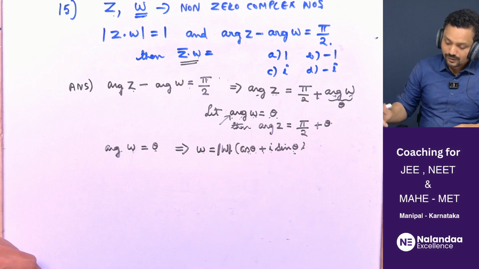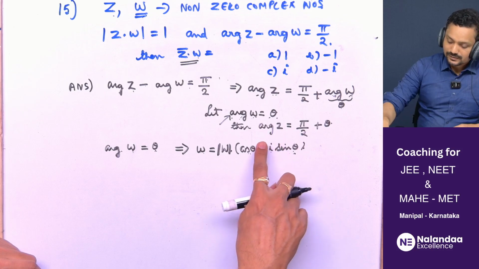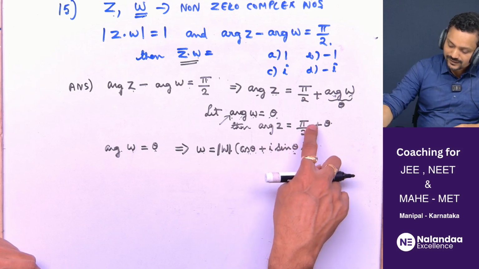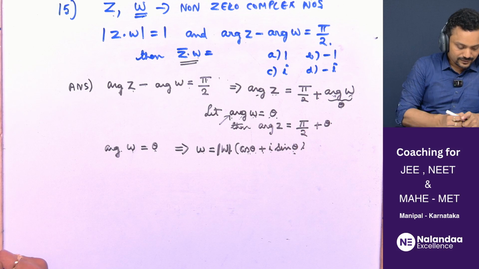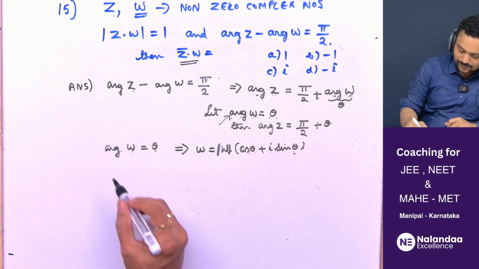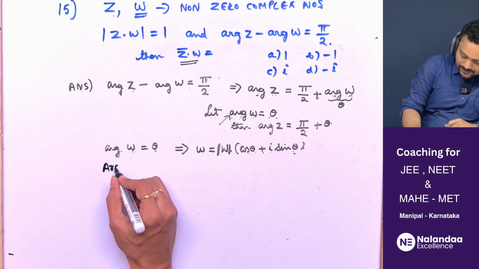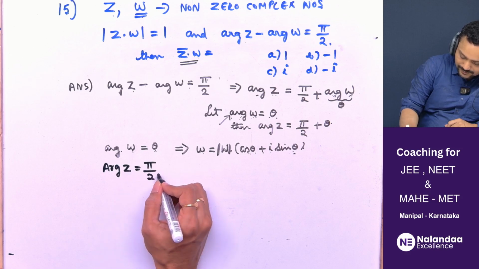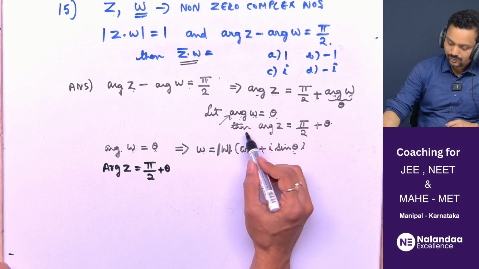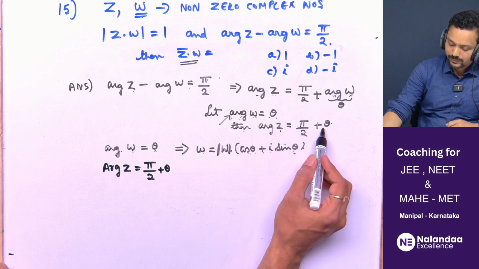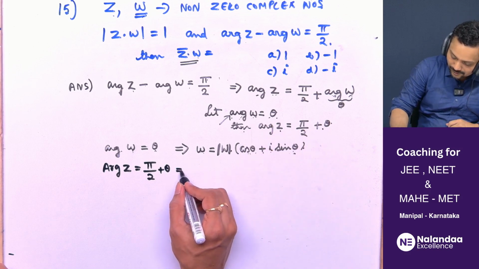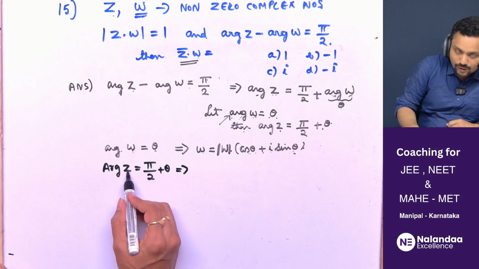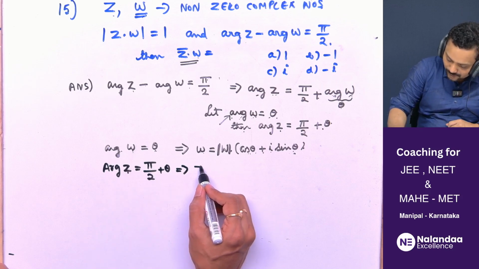Now we'll go to this, students. What is the meaning of argument of z is equal to pi by 2 plus theta? I have got that argument of z is pi by 2 plus theta. The meaning of this is that this complex number z will have a polar form.